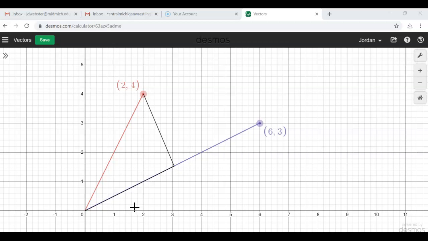One of them is going to be along the line segment that goes from 0, 0 to the point 6, 3, so in the direction of vector 6, 3. And the other will be orthogonal, and it will make up the other component.